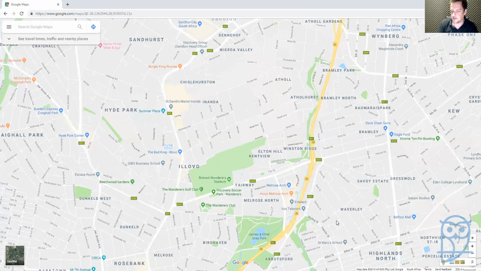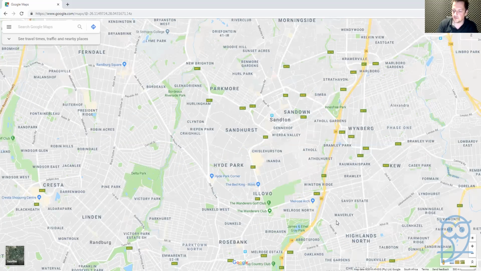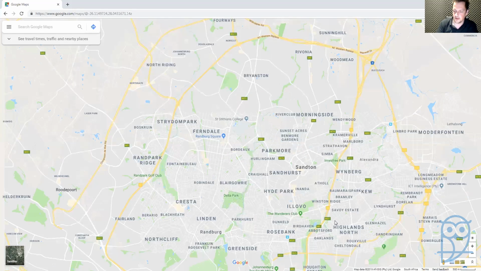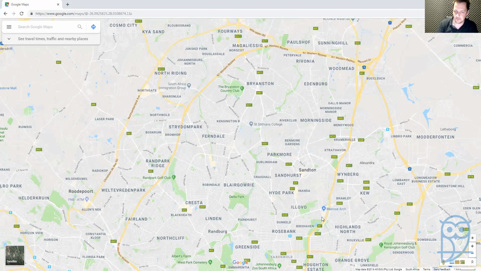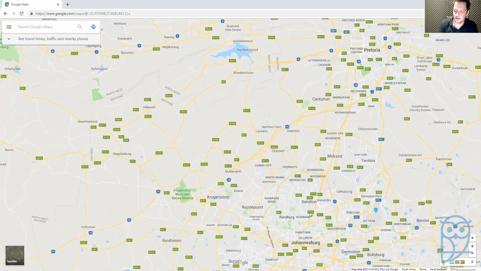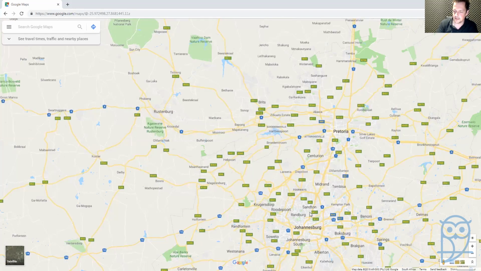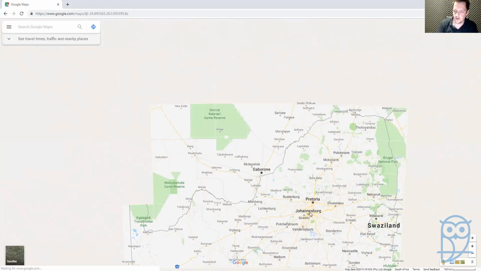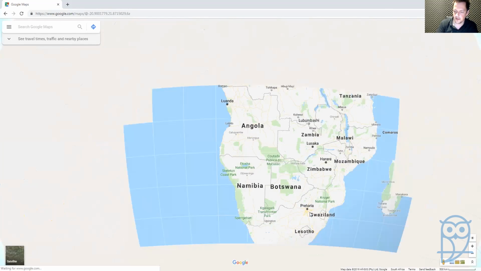It's now 200 meters for half of that. 500 meters for 2.5 times. A kilometer or 1,000 meters. 2 kilometers. 5 kilometers. 10 kilometers. And you keep going, and you keep going, and you keep going.